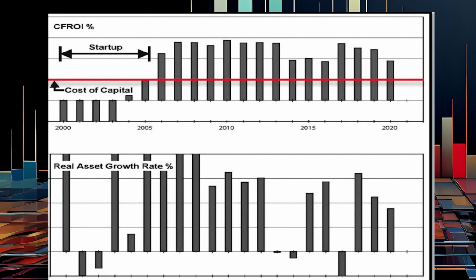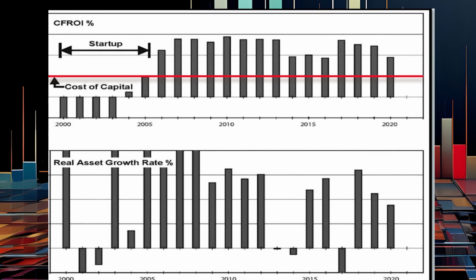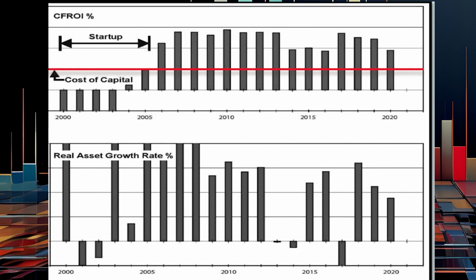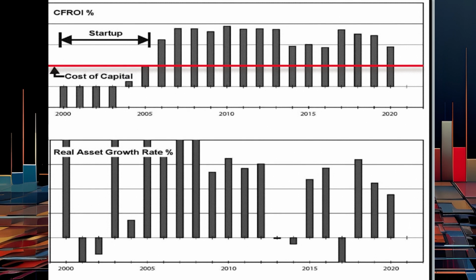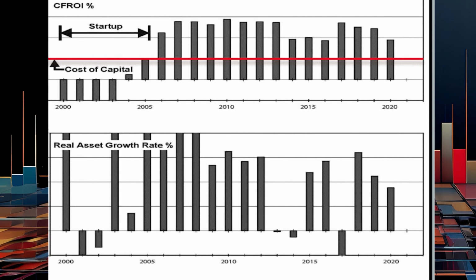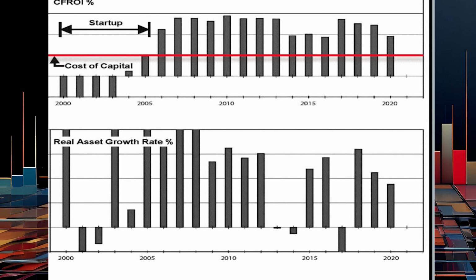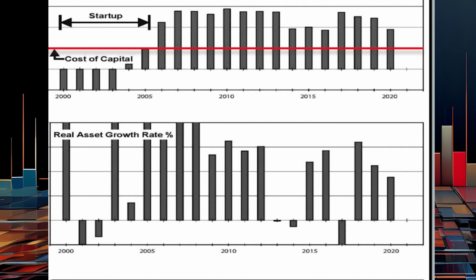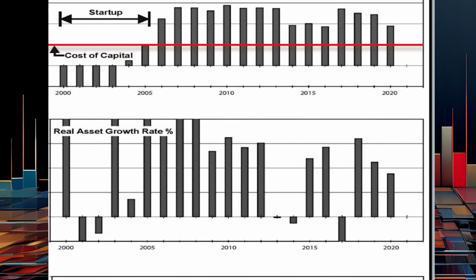The life cycle track record has three parts. The top panel displays a firm's economic returns calculated as CFROIs, cash flow return on investment, which are real, inflation-adjusted, and more accurate than conventional ROIC, return on invested capital.